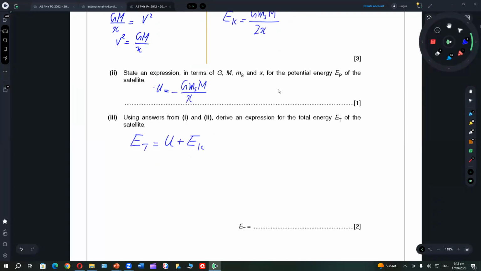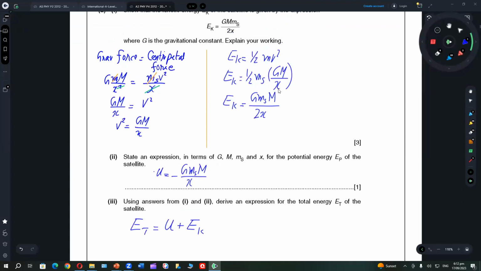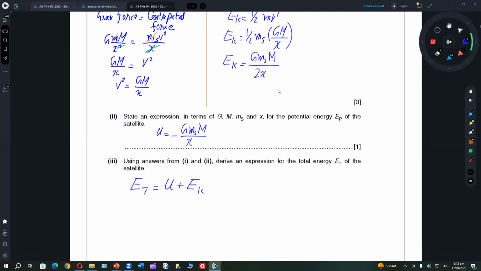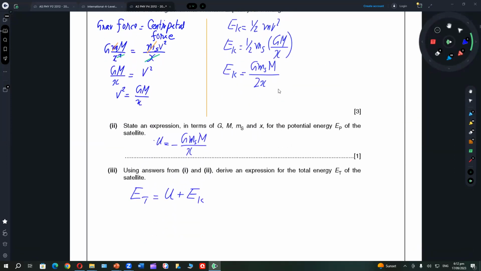How do we find the total energy in a system of gravitation? Total energy is always potential plus kinetic.